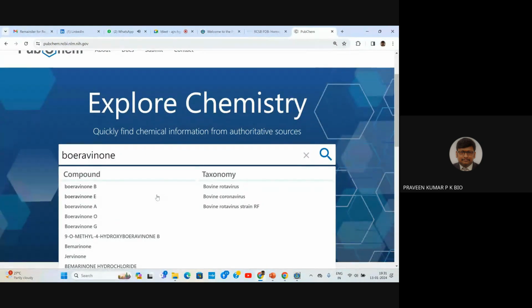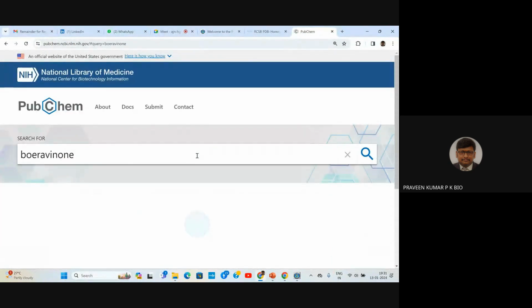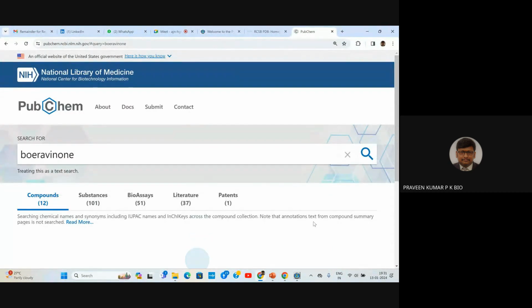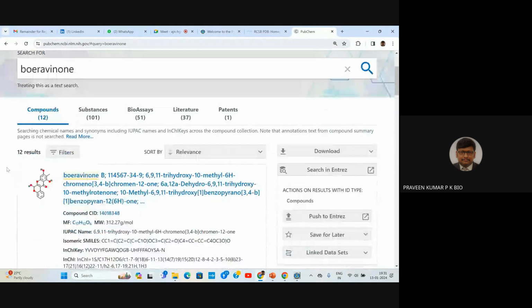Now, I have taken a plant compound called Guaravinone, nearly 14 to 18 compounds. Now we can see 12 compounds are there. If I simply type Guaravinone, I found 12 results in NCBI PubChem.